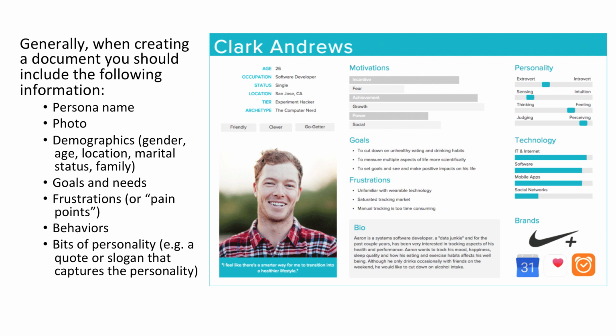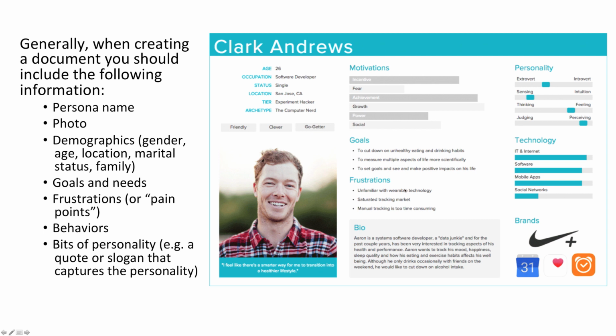So frustration, unfamiliar with wearable technology. He's not used to it. He doesn't know what to buy. He doesn't want to have to enter a lot of things. It should be done for him. So I can see all this, and I start to think about, okay, what do I need to bring into my wearable tech that's going to be attractive to Clark as a user? If I'm designing a wearable fitness tracker, I can now think about, okay, he's frustrated, he's not familiar with it.